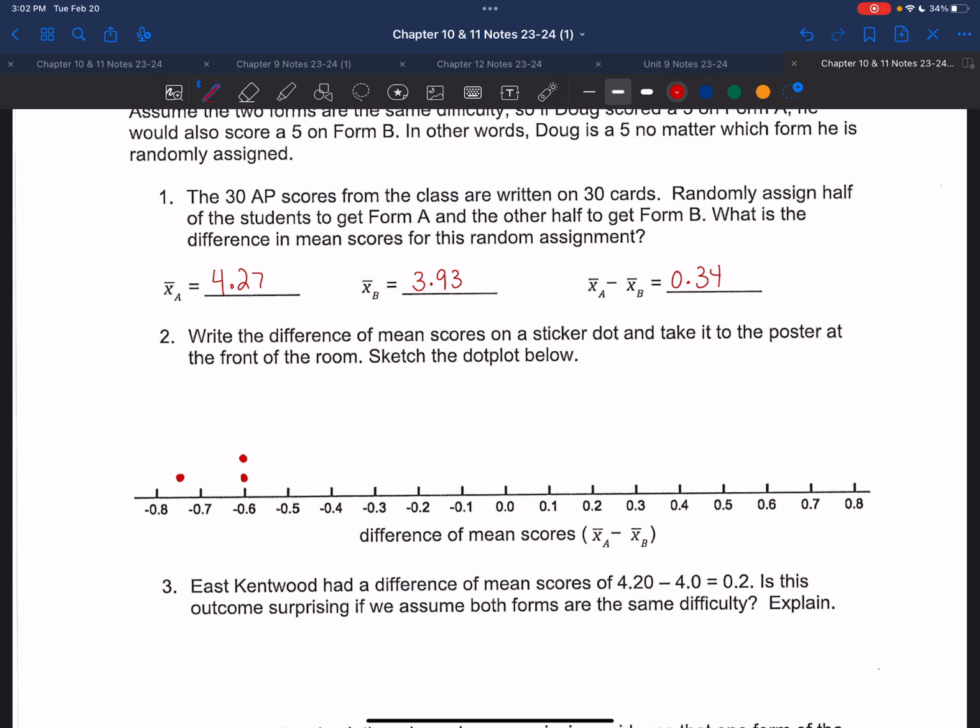So let's say I got one right there. I got two at negative 0.6. I got one at negative 0.35. Let me count here, 1, 2, 3, 4, 5, 6 at negative 0.2. I've got 10 at negative 0.1. I've got 3 at 0.05.